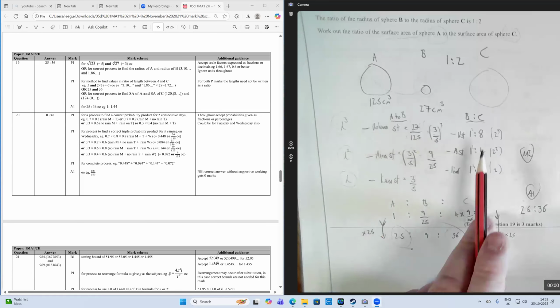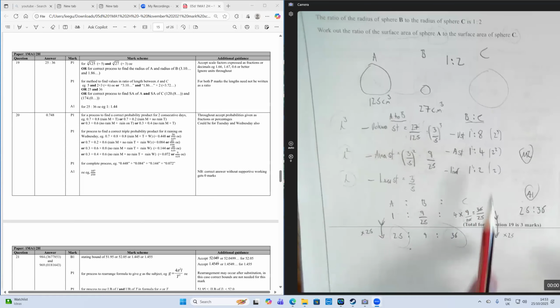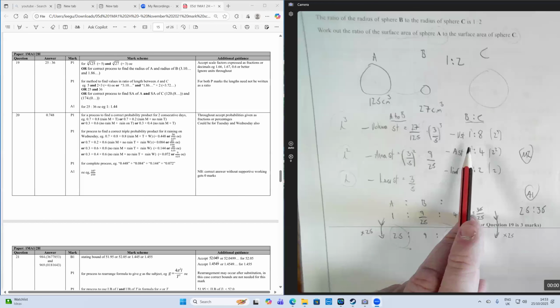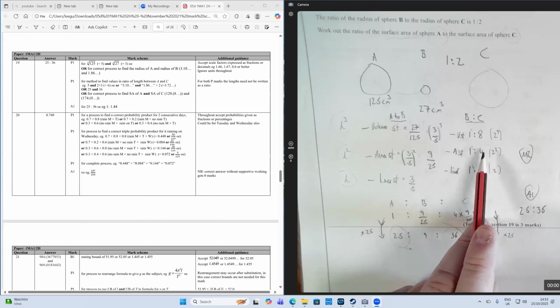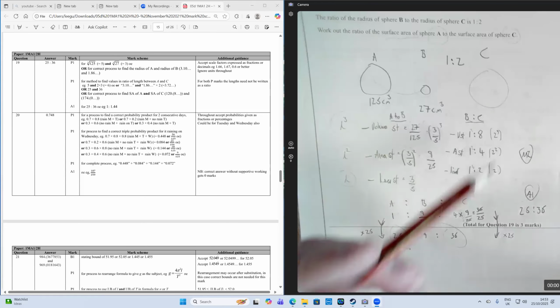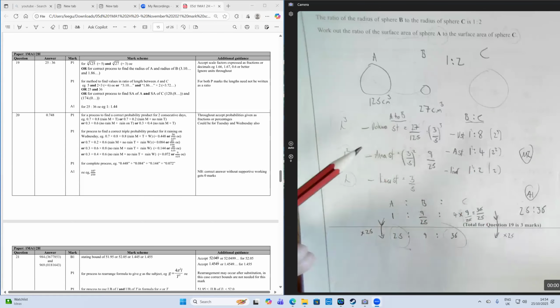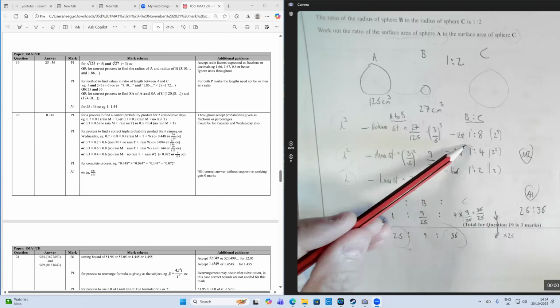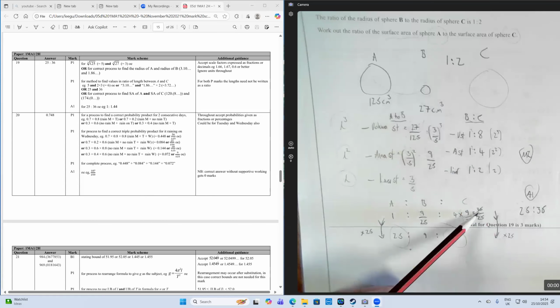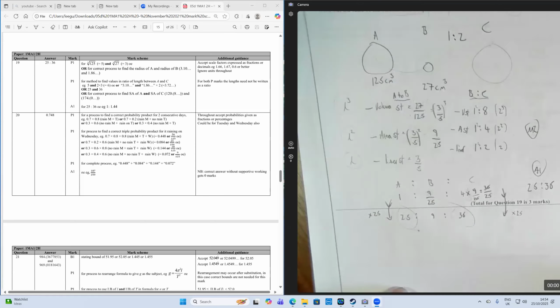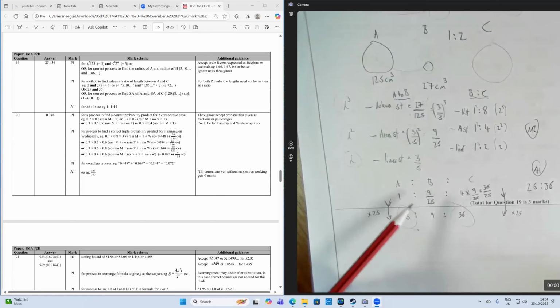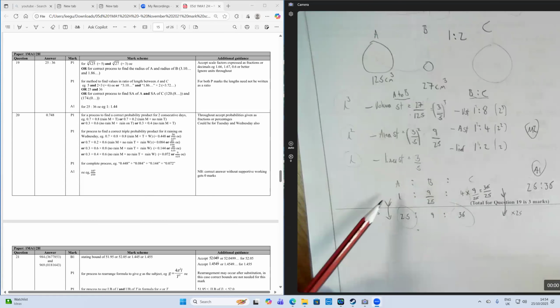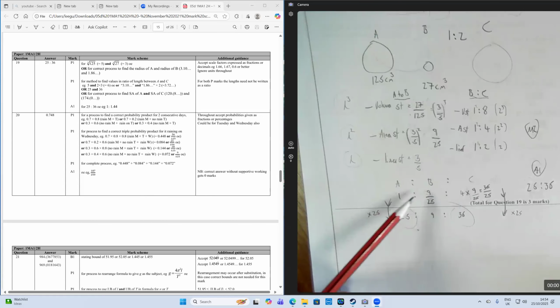So instead of thinking of this as 1 to 4, we multiply the 1 by 9 over 25 and the 4 by 9 over 25. The ratio of B to C is then 9 over 25 to 36 over 25. We now have a direct comparison: a ratio for surface area of 1 to 9 over 25 to 36 over 25.